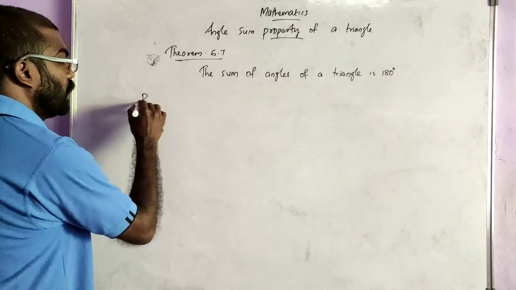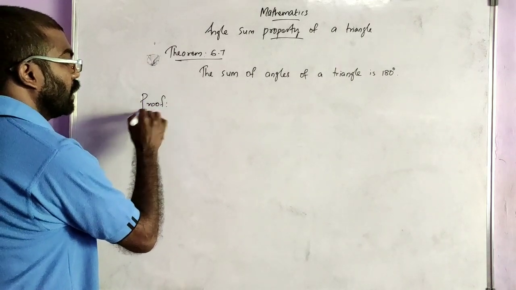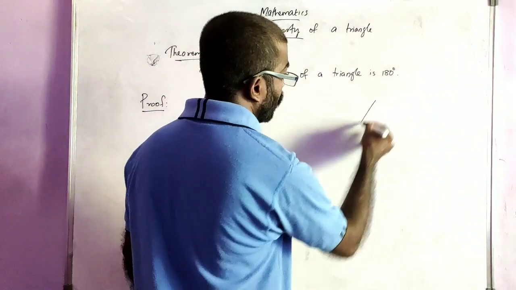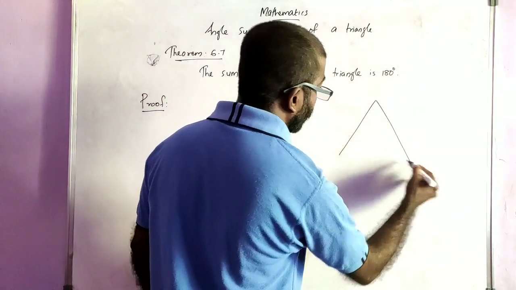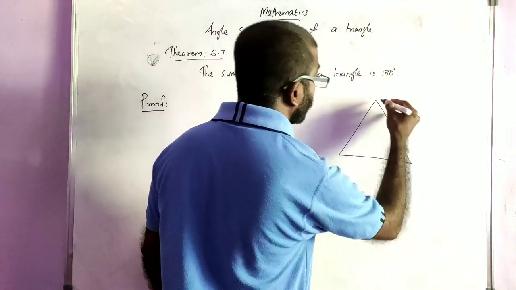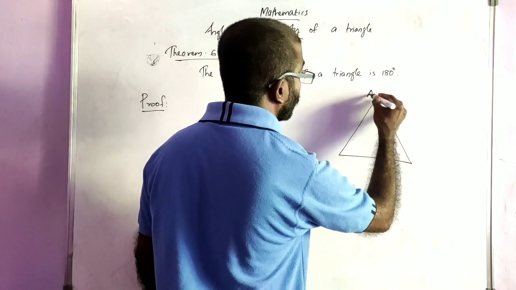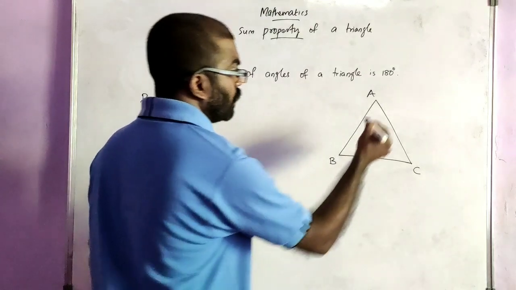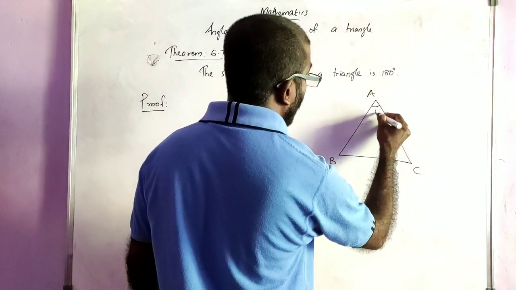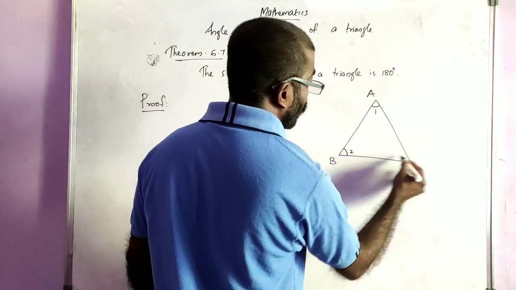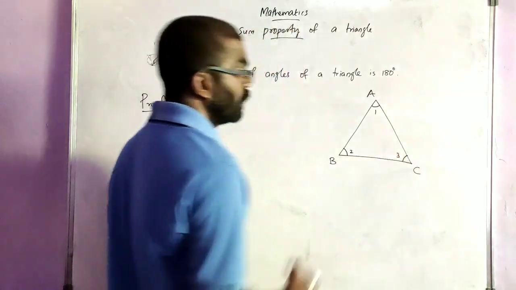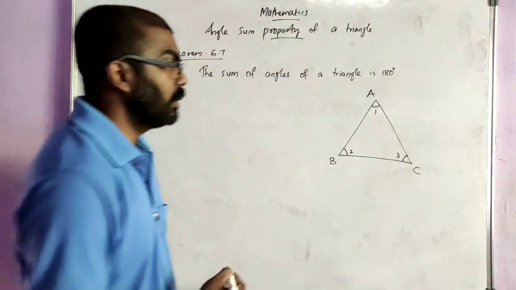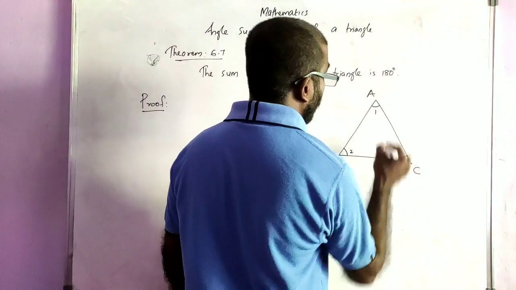So in order to prove this theorem, consider one triangle. We can draw one triangle ABC. Mark the angles as 1, 2 and 3. Now we can draw a line through A parallel to BC.